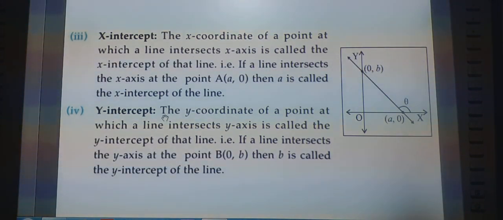Y-intercept: the y coordinate of a point at which a line intersects y-axis is called the y-intercept of that line. That is, if a line intersects the y-axis at the point B(0, b), then b is called the y-intercept of the line.